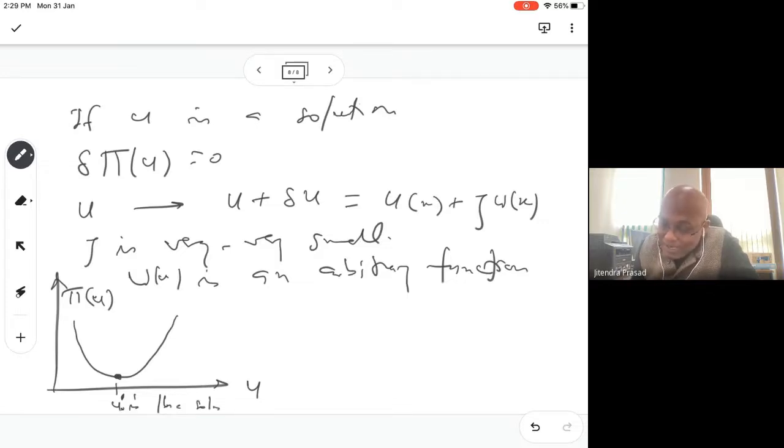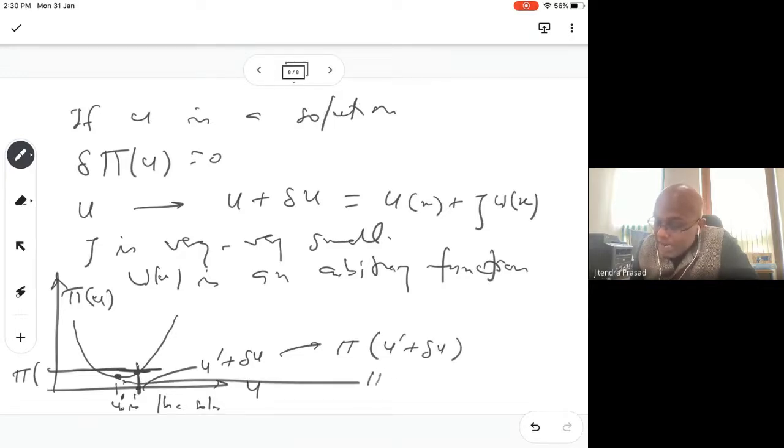If you want to check, we see the value here. Here it will be U dash plus del U, and the value here will be pi of U dash plus del U. The value here will be pi of U dash. What we want to do is make del pi equal to 0. Why? Because if the slope is 0 here, then if you go a little bit away, you will be on the same pi basically.